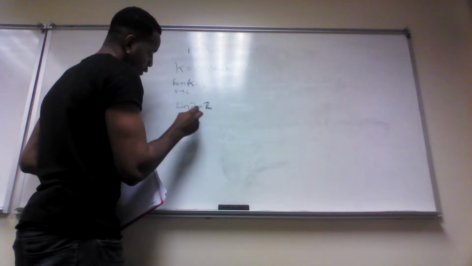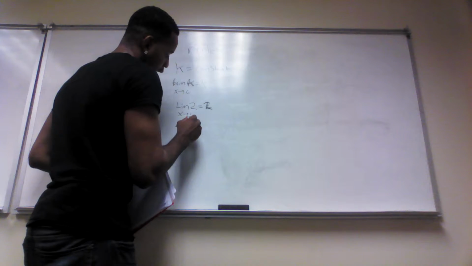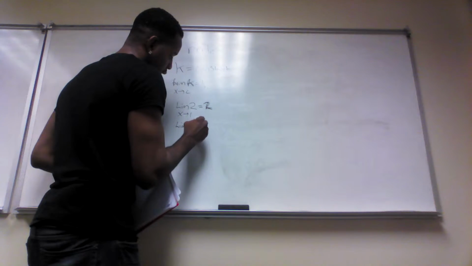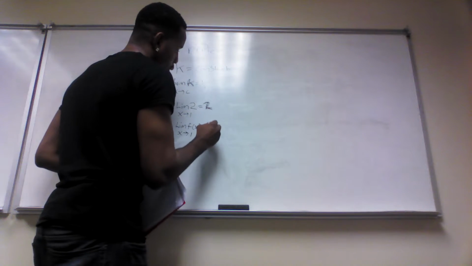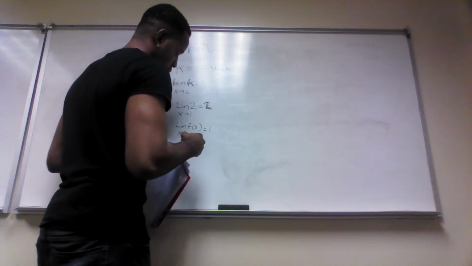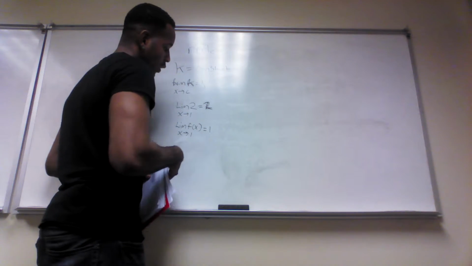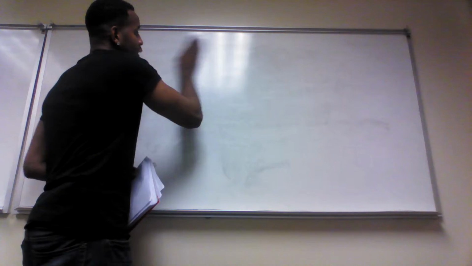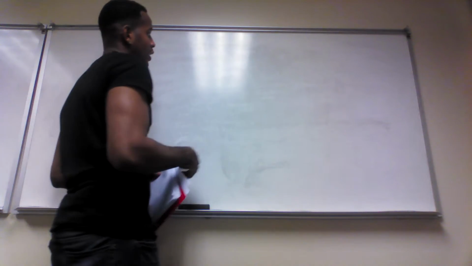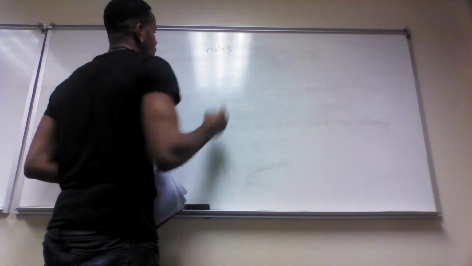Say we didn't have a value there for the constant, limit of f of x as x approaches 1 would equal 1. And remember, it's going to equal 1 if and only if both the limits coming from the right and coming from the left are the same. And that's the first rule.